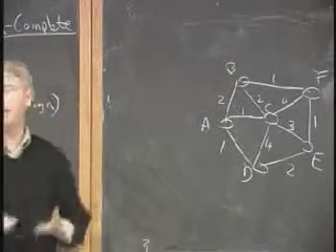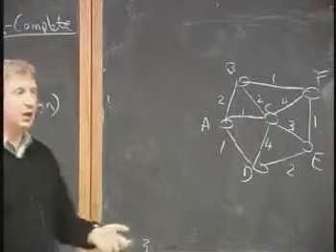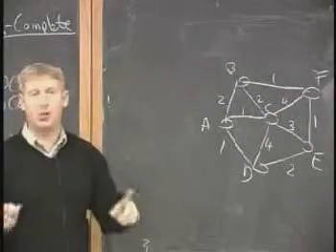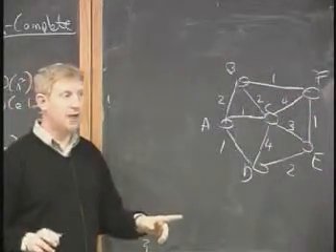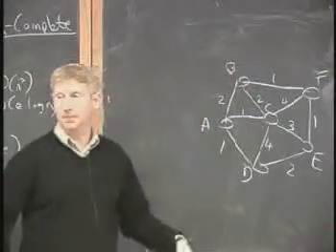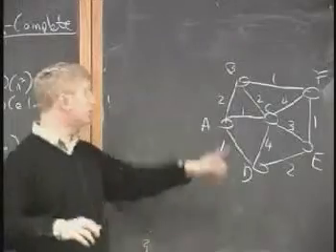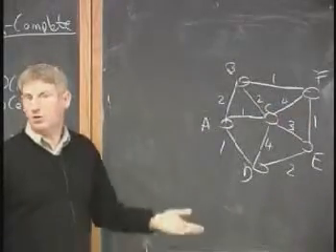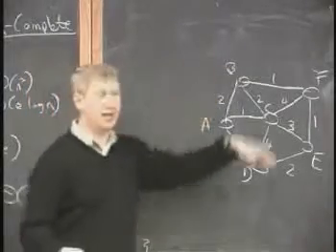But there is one thing that isn't obvious that I do need to explain. If you want to know the shortest path from A to F, it turns out that nobody knows any better way to do it than to find the shortest path from A to all the others. Everyone understand that? If you want to know the shortest path from A to F, then the best way I know how to do it also figures out the shortest path from A to everybody else.